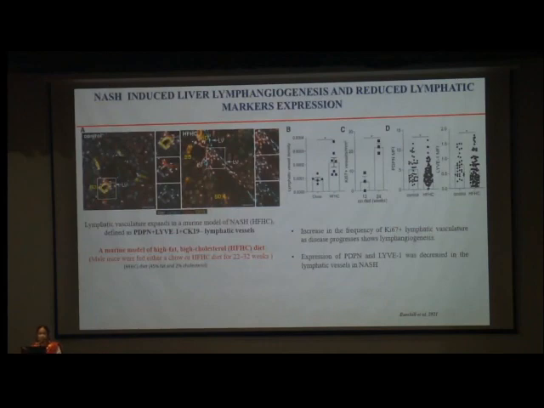In a study where an experimental model of high-fat, high-cholesterol diet, or NASH model, was used, the study showed that not only is the number of podoplanin-positive lymphatic vessels increased, but some of the functional markers are decreased in NASH.